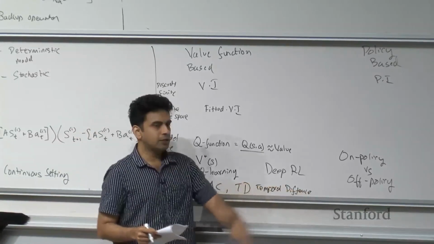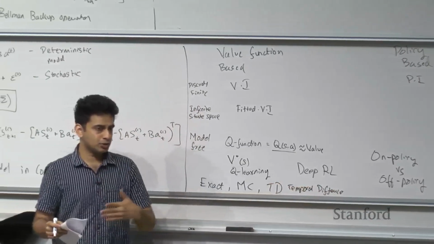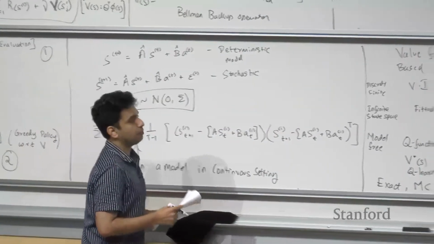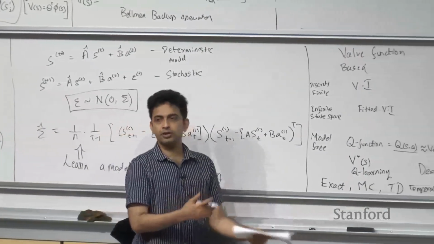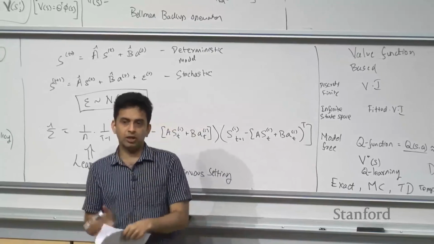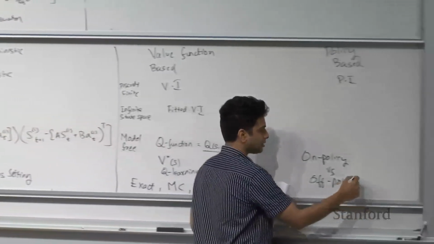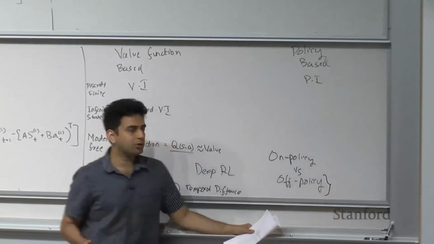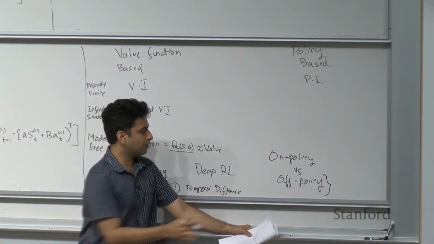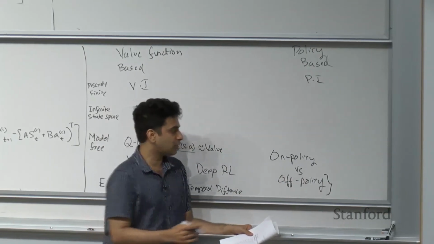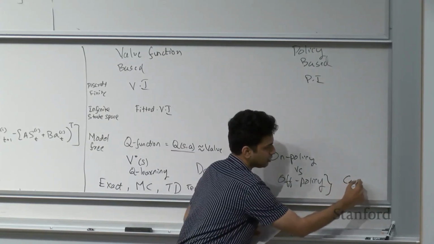you're looking at data where the trajectories were obtained from some other policy, and you try to learn the value function of a new policy that you're trying to come up with. And for those of you who have a more statistical background, off-policy methods in reinforcement learning have a strong connection to causal inference.